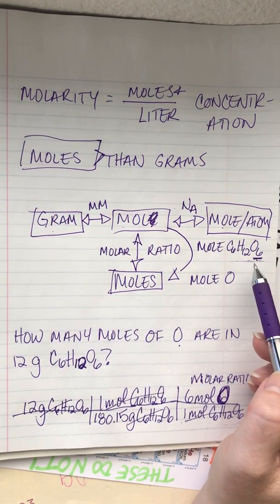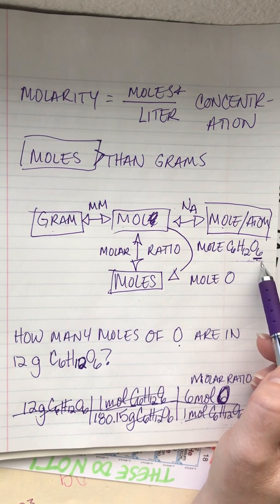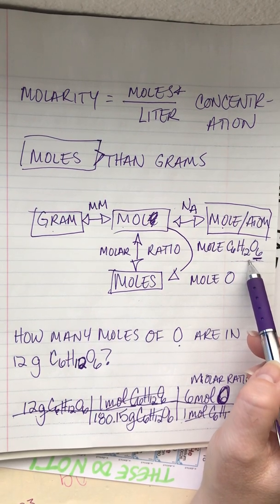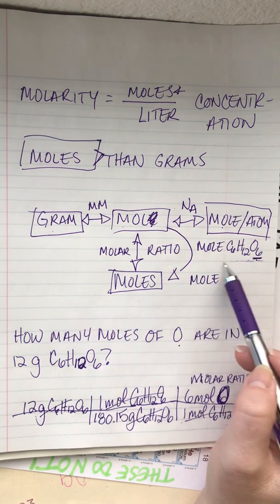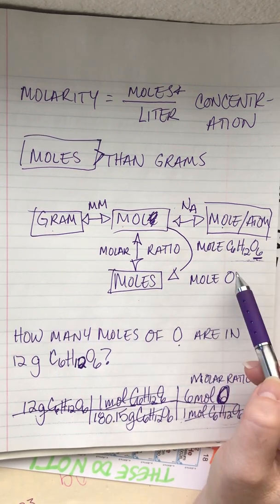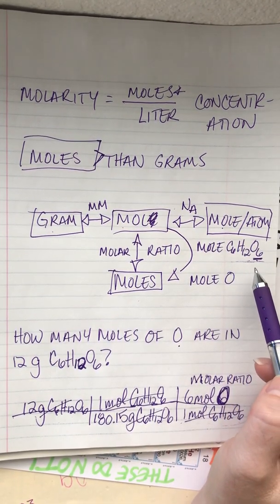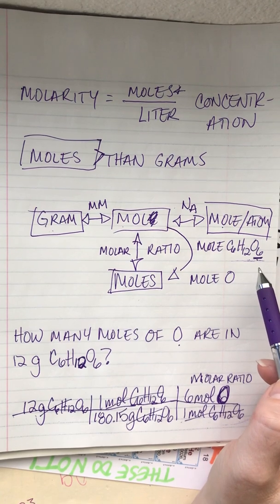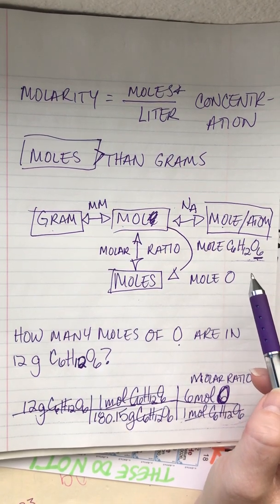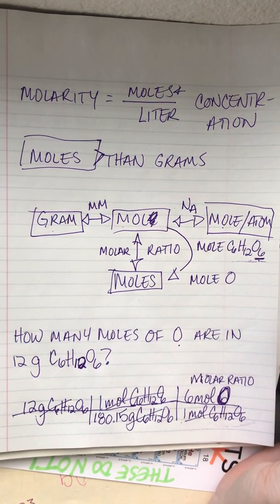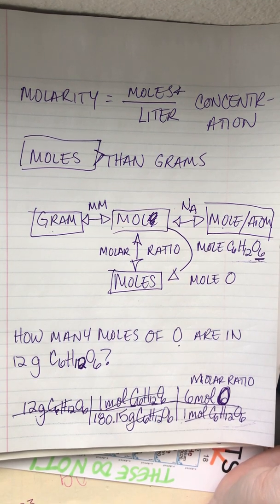Next class, we're going to talk about using the balanced chemical equation to do these kinds of molar conversions. And then we'll be using another tool. It's still a molar ratio, but then it's going to be from the balanced chemical equation. So that's where we're going with this. Does that make sense, Jorge? Yeah. Cool.